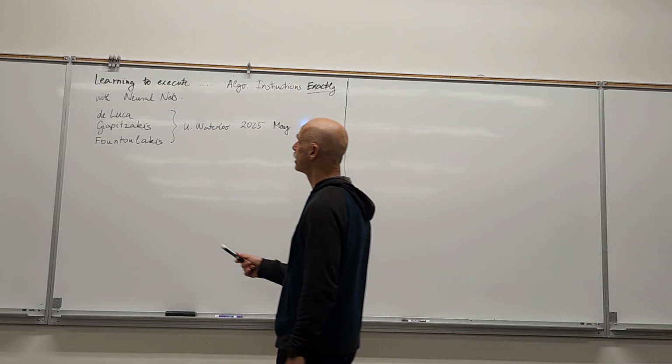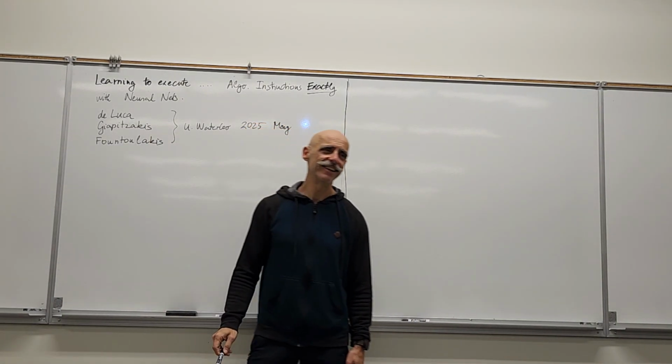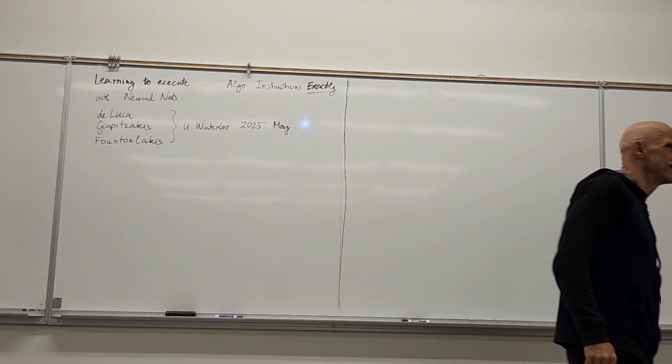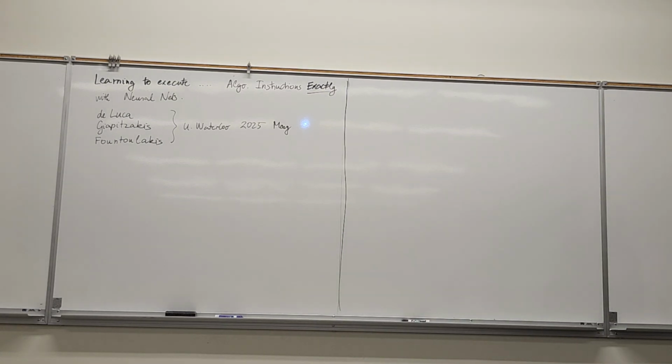This paper is somewhat similar to that. There are neural nets in the title of the paper, and a big part of the paper is devoted to massaging neural nets to do the things we want them to do.